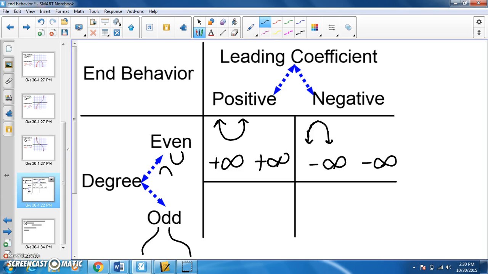When we have a positive lead coefficient, as x is going towards negative infinity, our graph is going towards negative infinity. And as x is going towards positive infinity, our graph is going towards positive infinity. So we look like so.